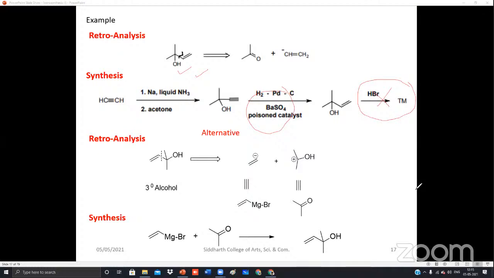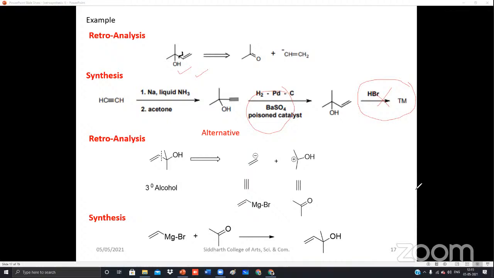Sir, explain the catalytic poisoning in case of H2. Okay, this is a very well-known phenomenon. The Lindlar catalyst, you know the Lindlar catalyst, uses palladium, a very active metal having a huge surface. When we use this metal for hydrogenation, it regenerates its activity if you use only palladium in the hydrogenation process, because it's a metal.